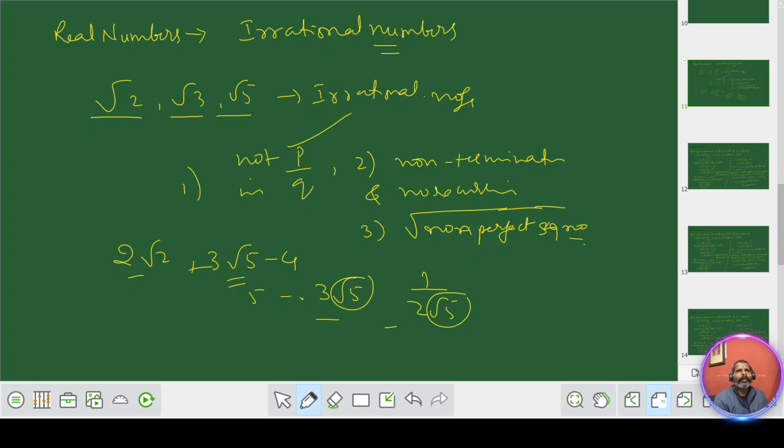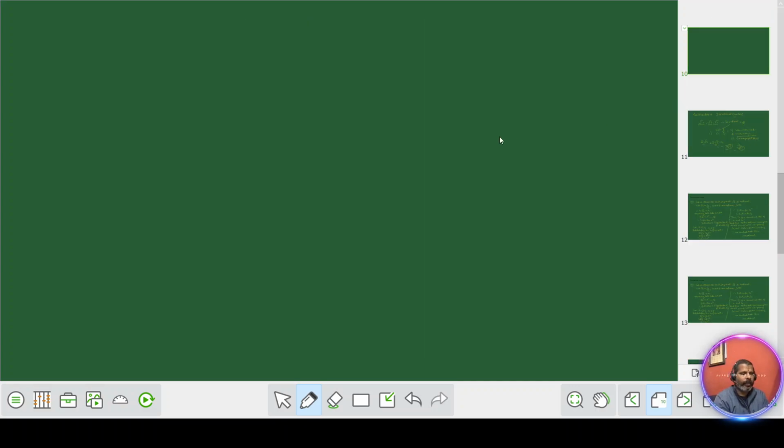For this, we have to have one theorem here. If p is a prime number and p divides a square, then p also divides a.